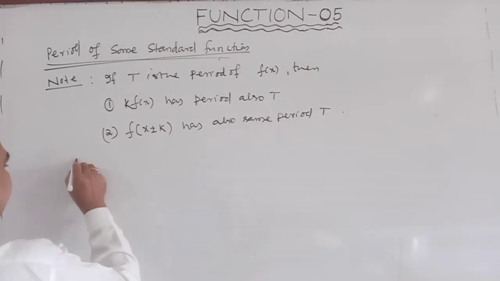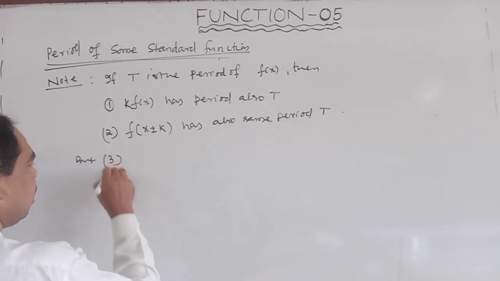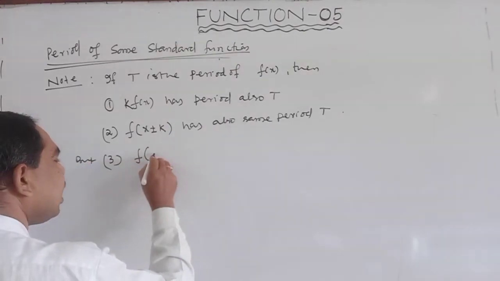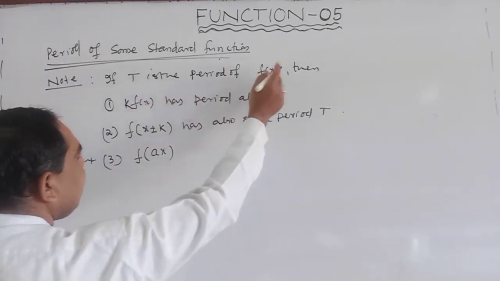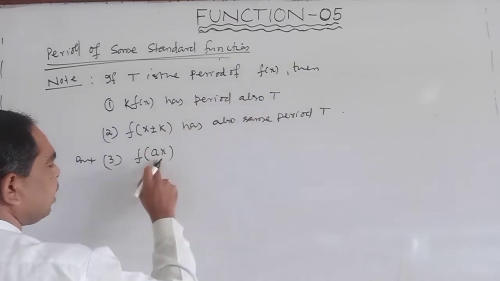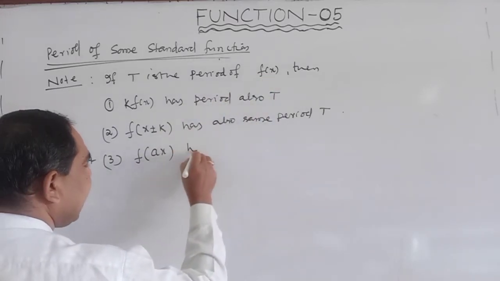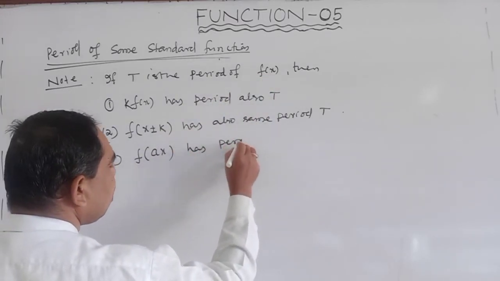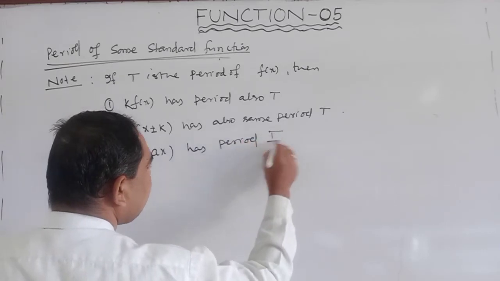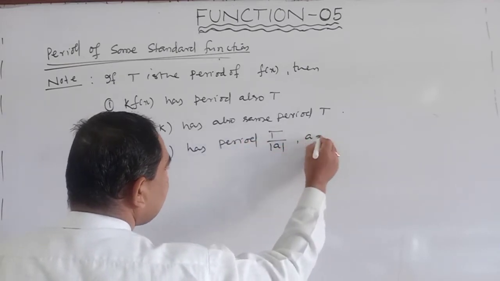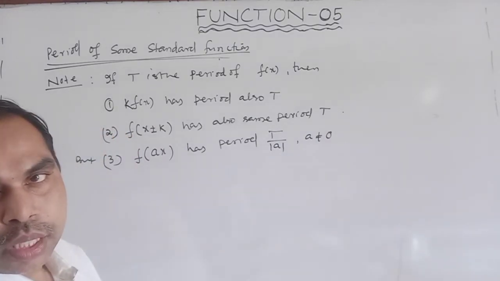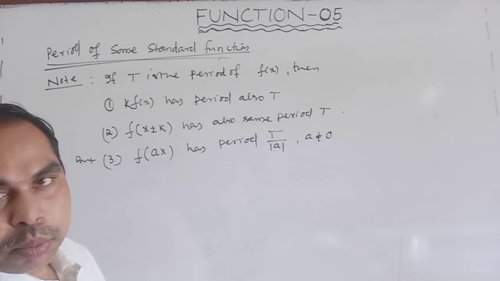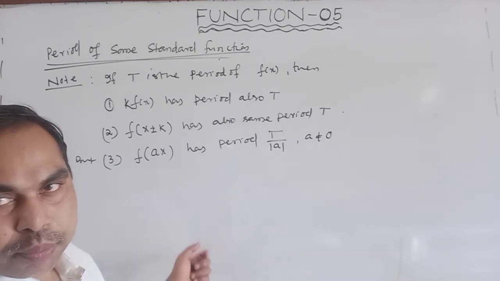But f of a x has period t by mod a, meaning if we change the coefficient of x, we divide the period by it. Okay.